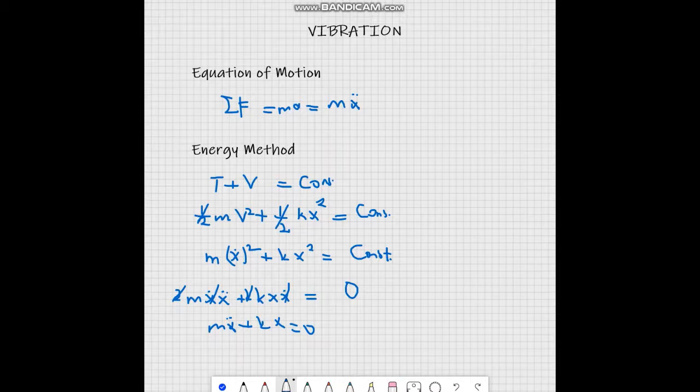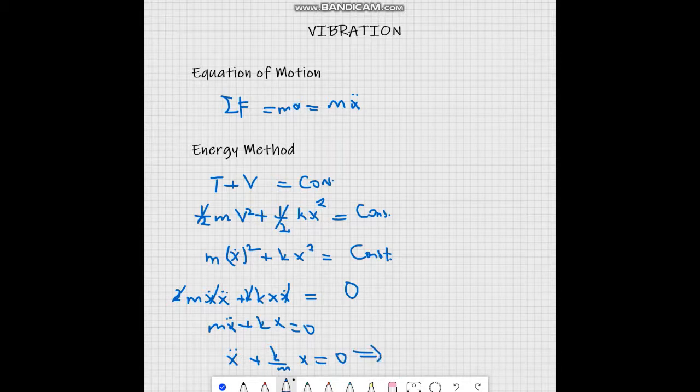Then what can we do? Here we can say x double dot, if I divide each term by the mass, plus k over m x is equal to 0.